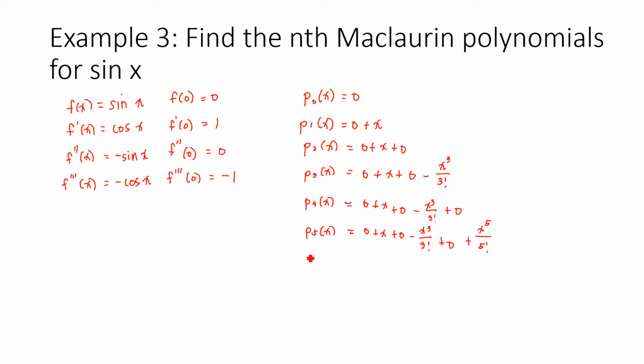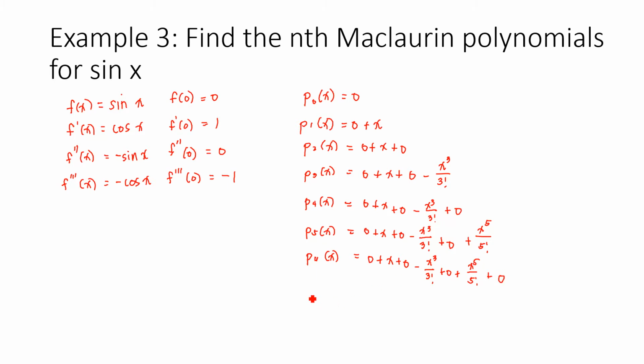And our p sub 6 of x is equal to 0 plus x plus 0 minus x cubed over 3 factorial plus 0 plus x raised to 5 over 5 factorial plus 0.